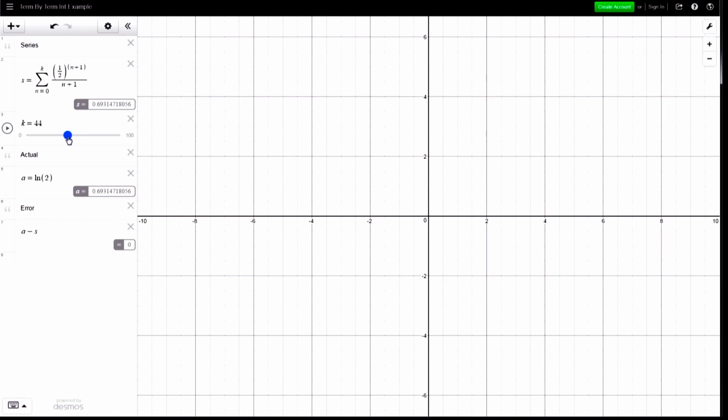Now, are we exact? No, we are not exact. We are just as good as Desmos's approximation. Desmos is only kicking out so many decimal places with what it thinks natural log of 2 is. And we've matched all those. So we are as good as Desmos now by using 45 terms. And Desmos is probably doing something similar to this to get its computation.